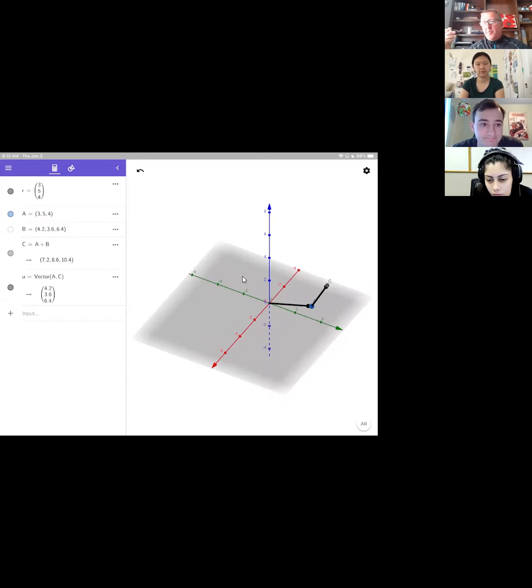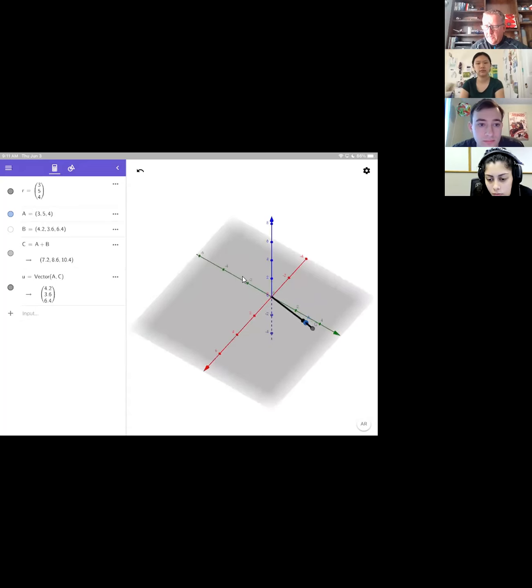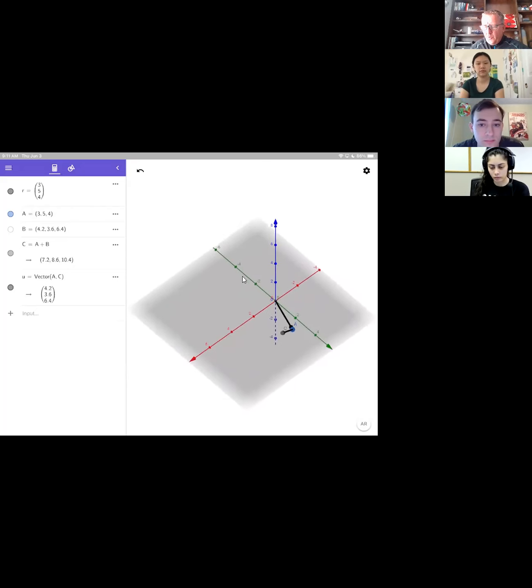Sure enough, 4.2, 3.6, 6.4, right? So that's the picture we just drew. You agree with that? Except I kind of made the fourth vector 10 times smaller. But they were both coming toward us. That's kind of the point.